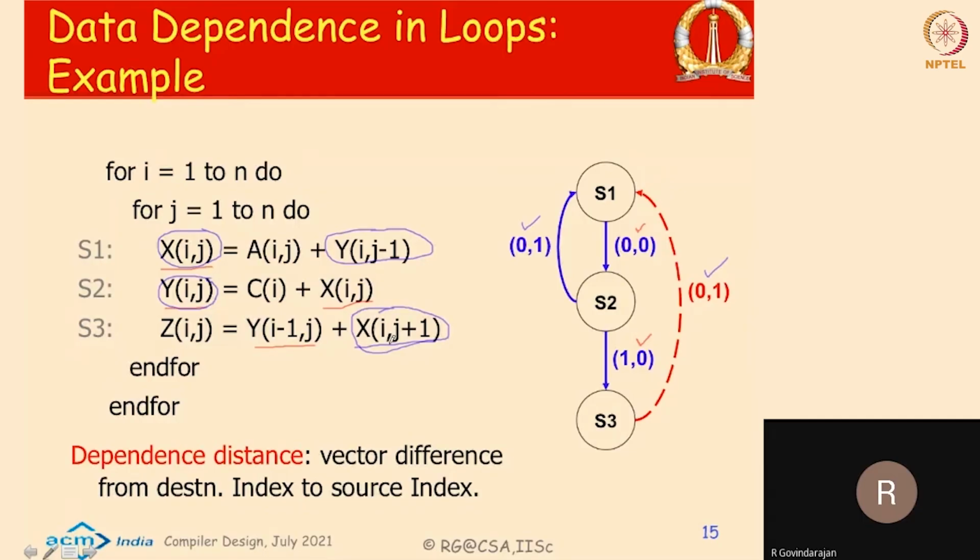When you are reading the value x of 5 comma 7 in iteration 5 comma 6, that same location is going to be overwritten in the next iteration 5 comma 7. Therefore, there is this anti-dependence. That means that this read must complete before this write. Okay, sir. Makes sense. Thank you.